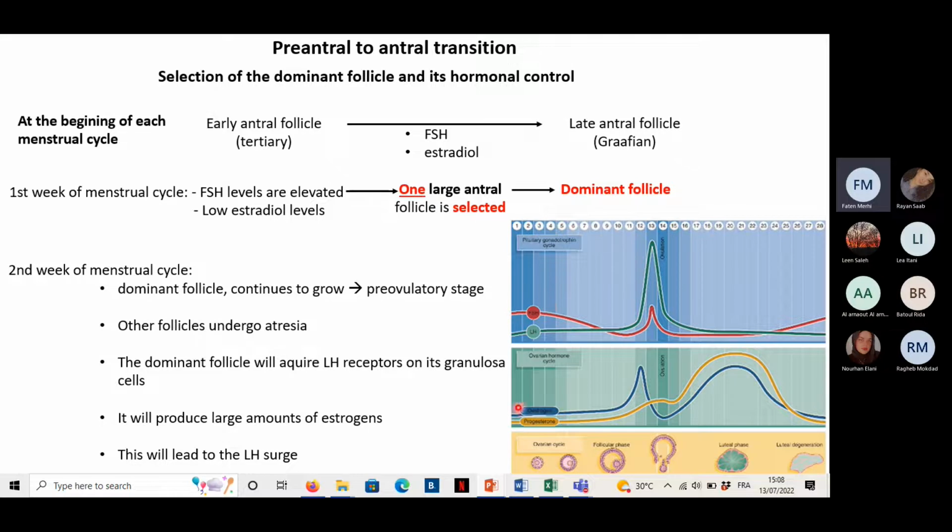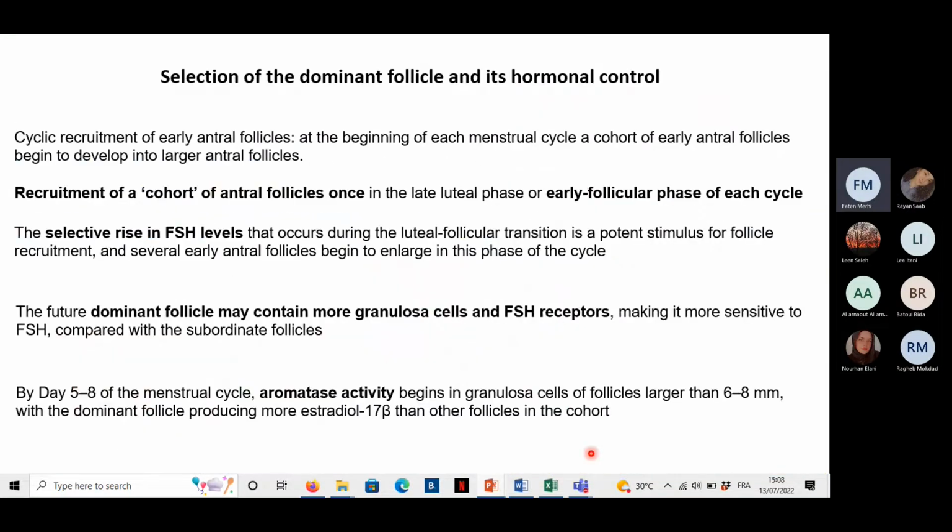And at the beginning of each menstrual cycle, we have those early antral follicles that are recruited to develop into more mature follicles. So we have cyclic recruitment of early antral follicles. At the beginning of each menstrual cycle, a cohort of early antral follicles will begin to develop into large antral follicles.